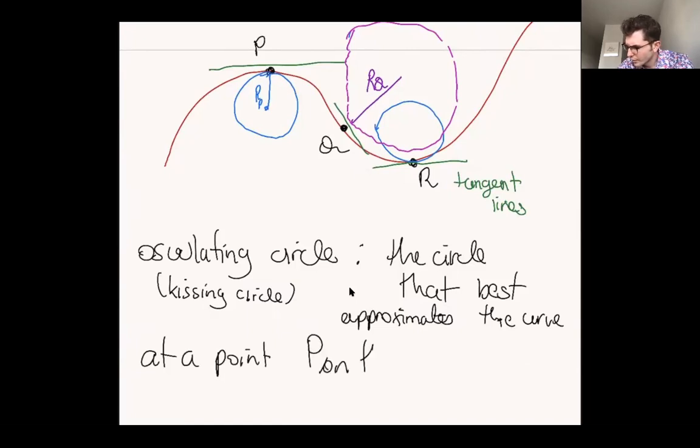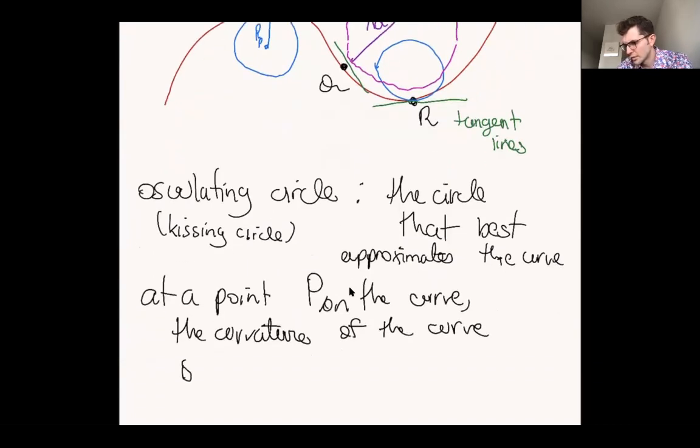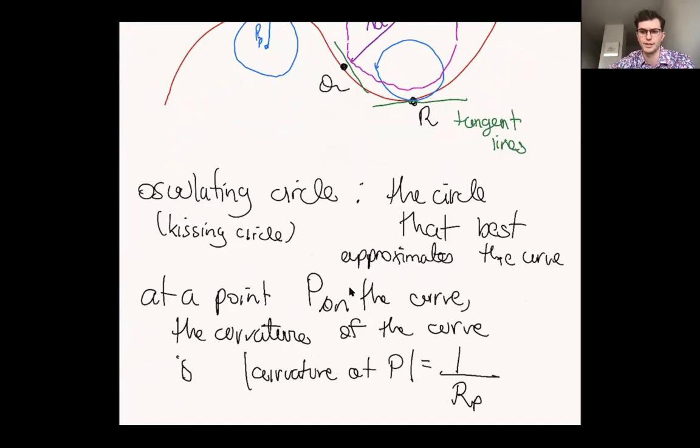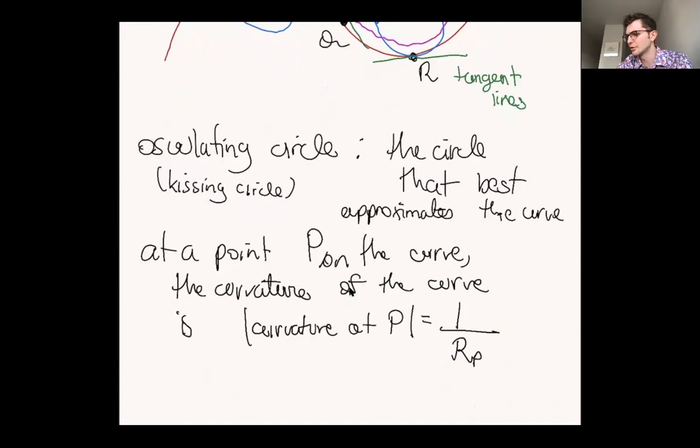then at a point P on the curve, the curvature at P equals 1 over the radius of the osculating circle. So the curvature at that point agrees with the curvature of the circle. Here it means in absolute value, because it's possible to define the curvature in such a way that it's either positive or negative.